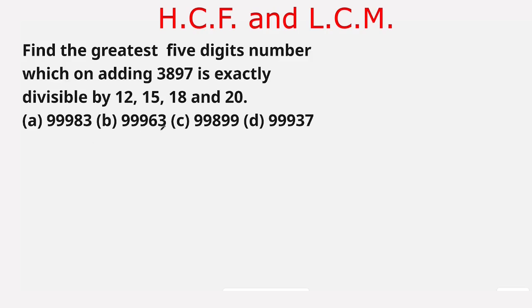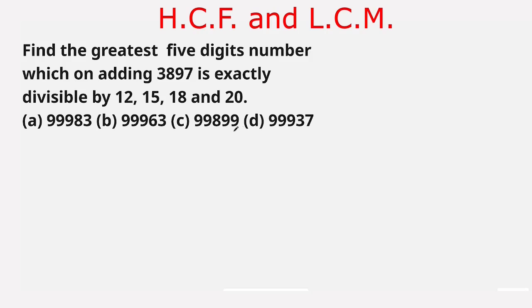If we add 7 to the last digit of option B, 3 plus 7 is again 0. So option B might be our answer. But if we add 7 to the last digit 9 of option C, 7 plus 9 is 16, which is 6.